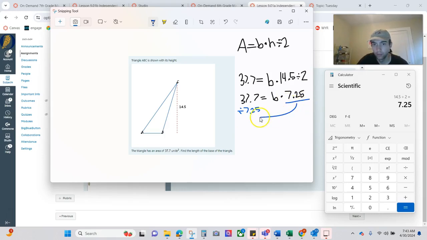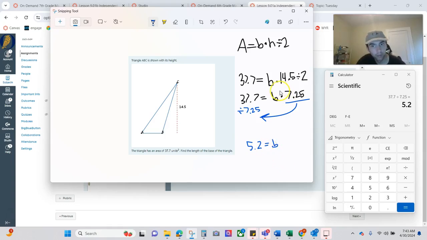So I'm moving this over, doing opposite math. 37.7 divided by 7.25 is 5.2. So that is our base.